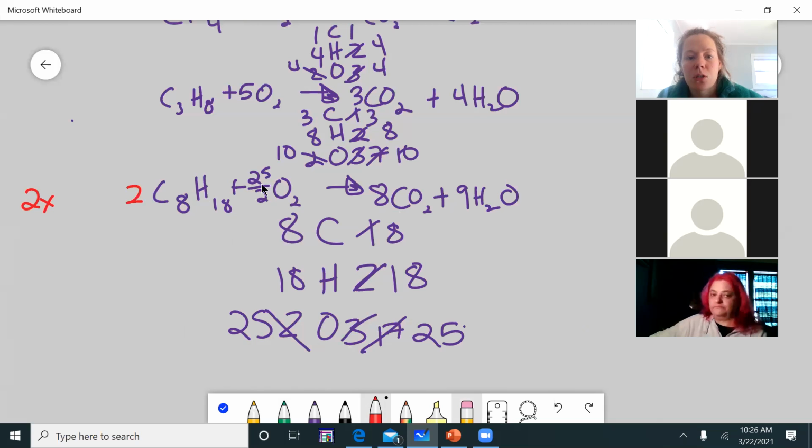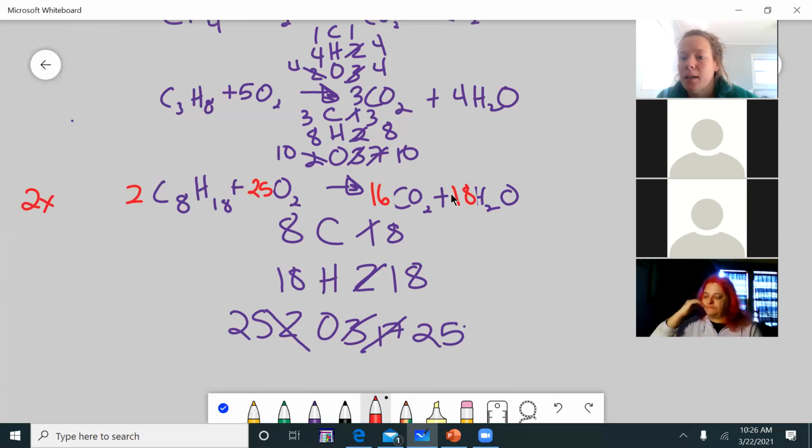This becomes just 25. This becomes 16. And that will become 18. 16 and 18. So I just literally multiplied every coefficient by 2.